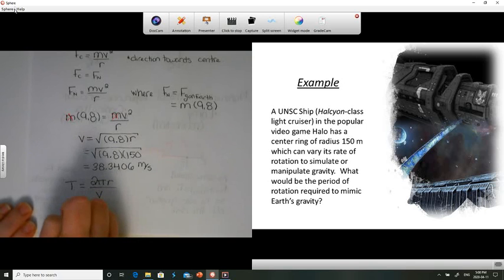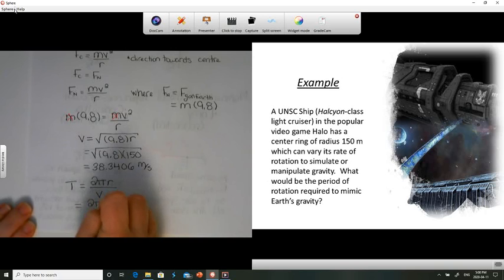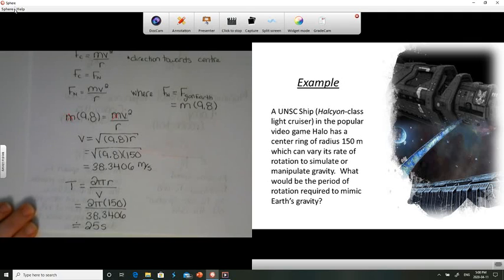So if we substitute all of our values in SI units, 150 for our radius and 38.3406 meters per second, we're going to see that the period of rotation is about 25 seconds. So that's putting things into perspective a little bit here for us. That's pretty darn quick. And that is how we would solve this type of problem.